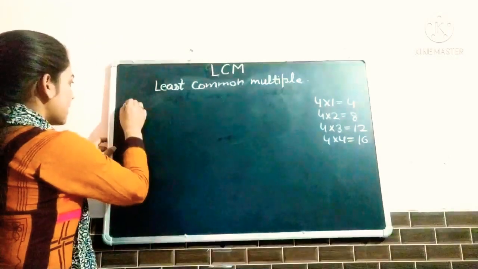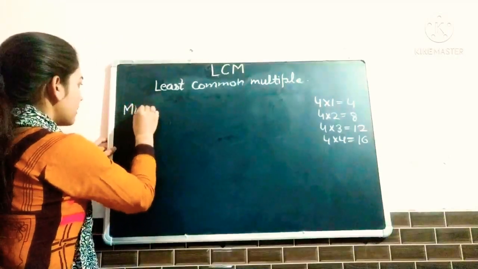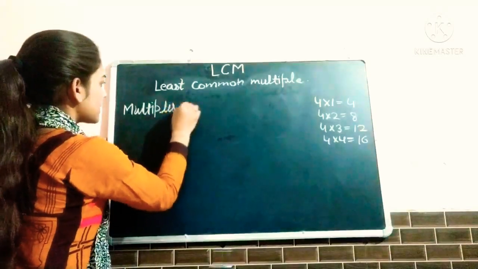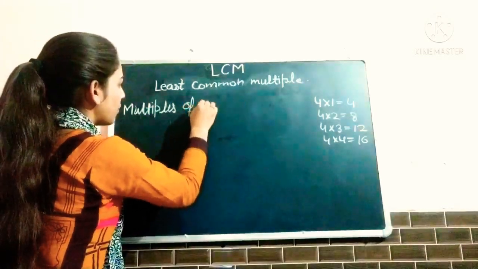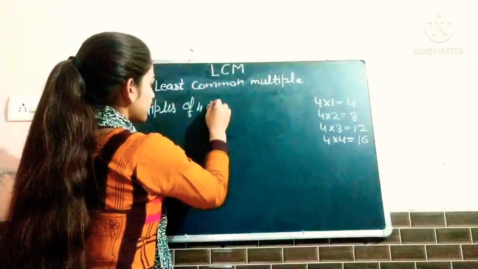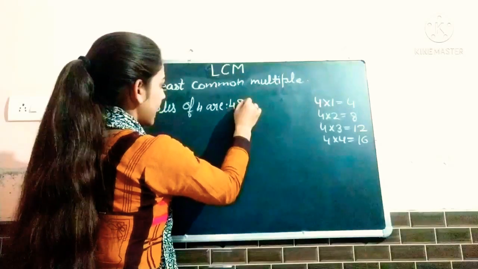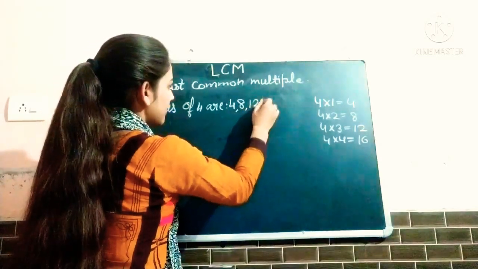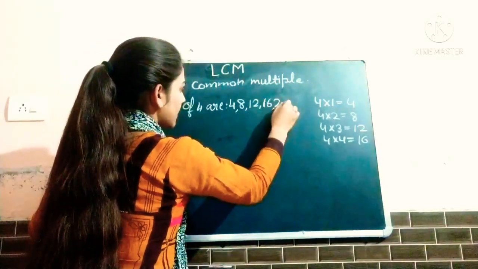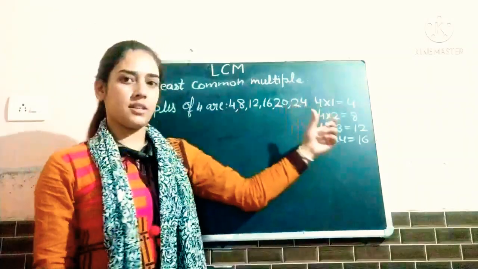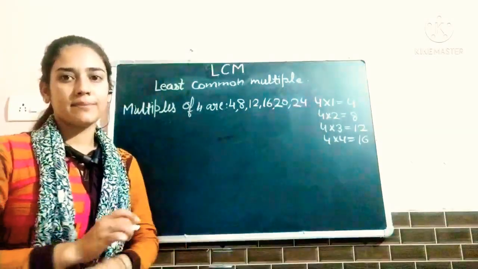So we will write here multiples of 4 are 4, 8, 12, 16, 20, 24. In this way we can write. These all are multiples of 4.